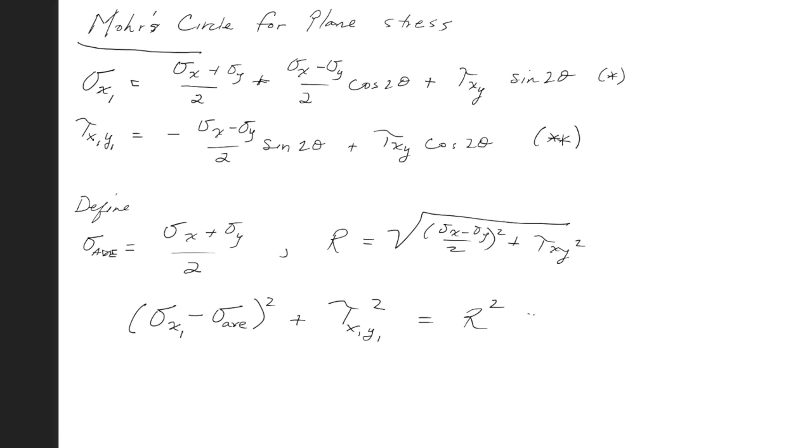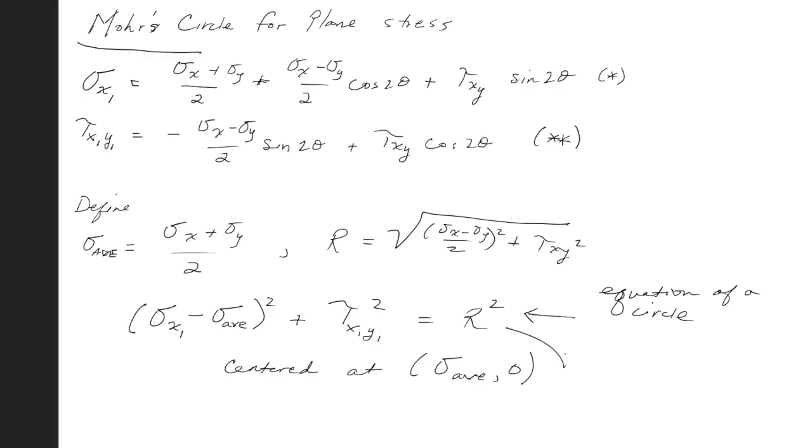All right, and now what you should see is that this is the equation of a circle. It's centered at sigma average, 0, and R is the radius of the circle.